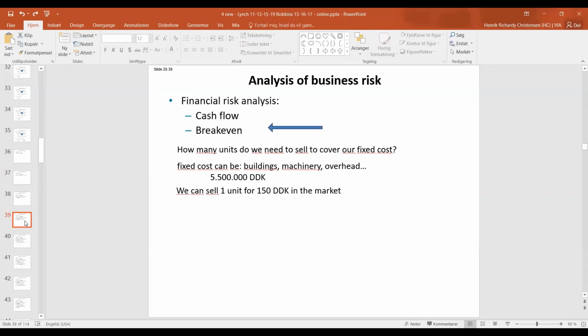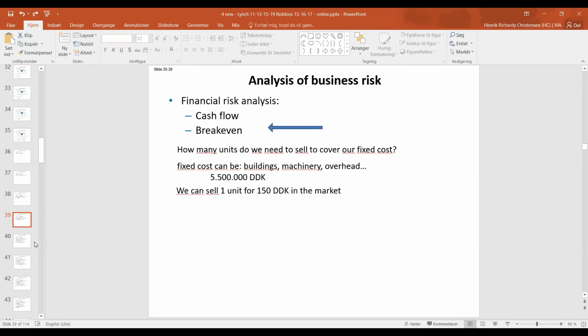Now, let's try to take a little example. Imagine that we are producing something and we can sell one unit for 150 Danish in the marketplace. So we have a market where we are operating and selling our products, and the market price is 150.